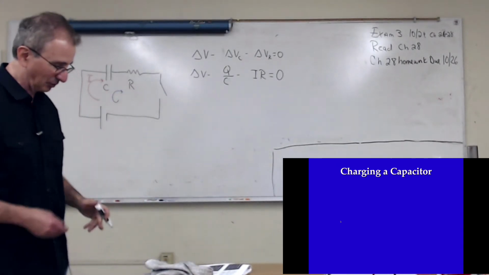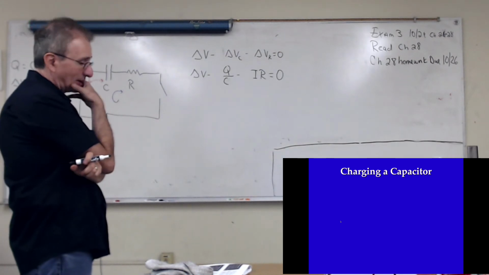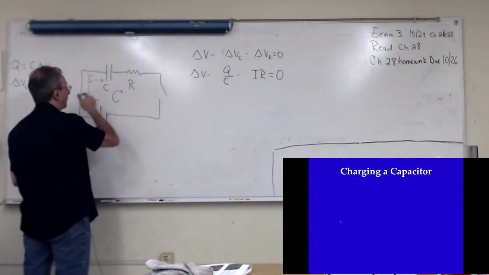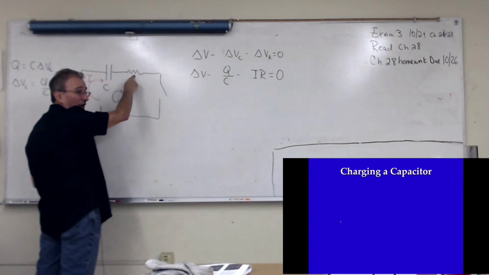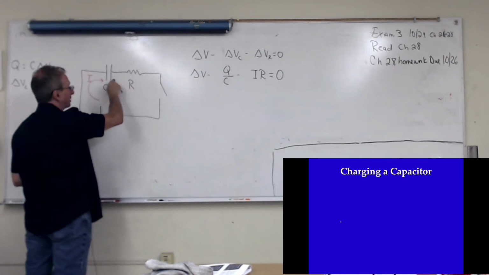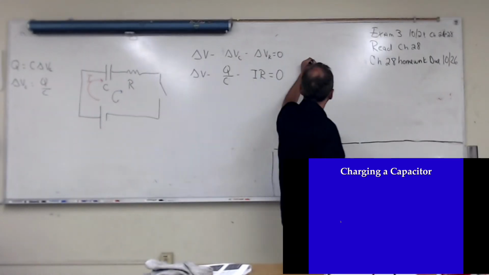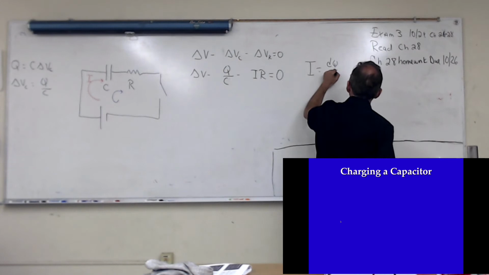Okay, and you say, okay, where do I go from there? Well, how is I related to Q? The rate at which this capacitor charges up has to be equal to the rate at which charge flows through the resistor because they're in series. We know I is dq over dt.